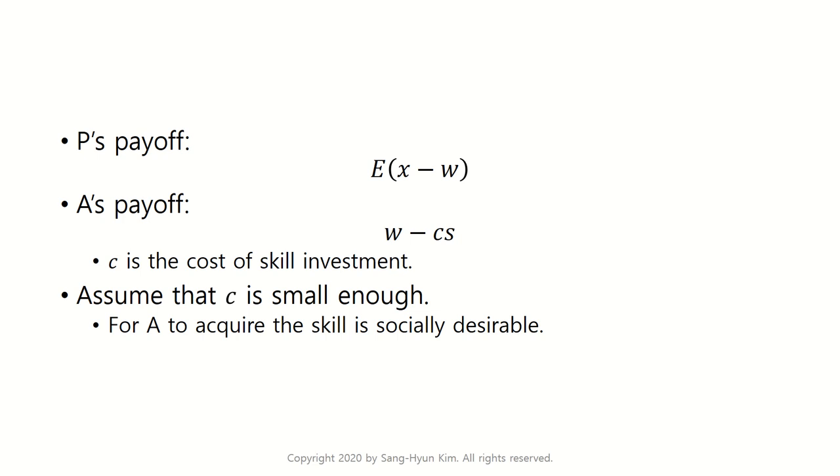But if skill investment is socially undesirable in the first place, then we don't have to think about this problem seriously. But if the skill investment is socially desirable, then we'll have to think about how to overcome the holdup problem, right? So that's why we make this assumption that c is small enough, so it is socially desirable for the agent to make a skill investment.